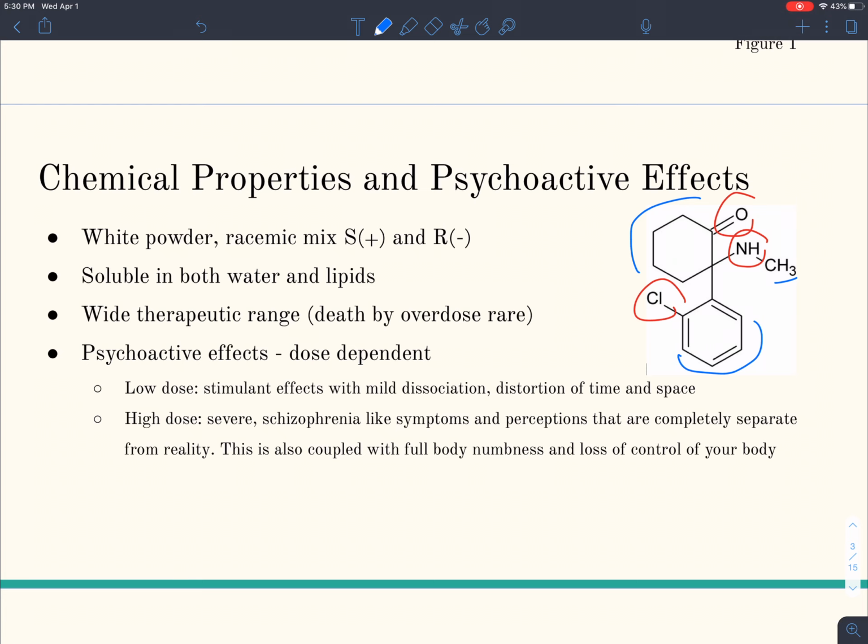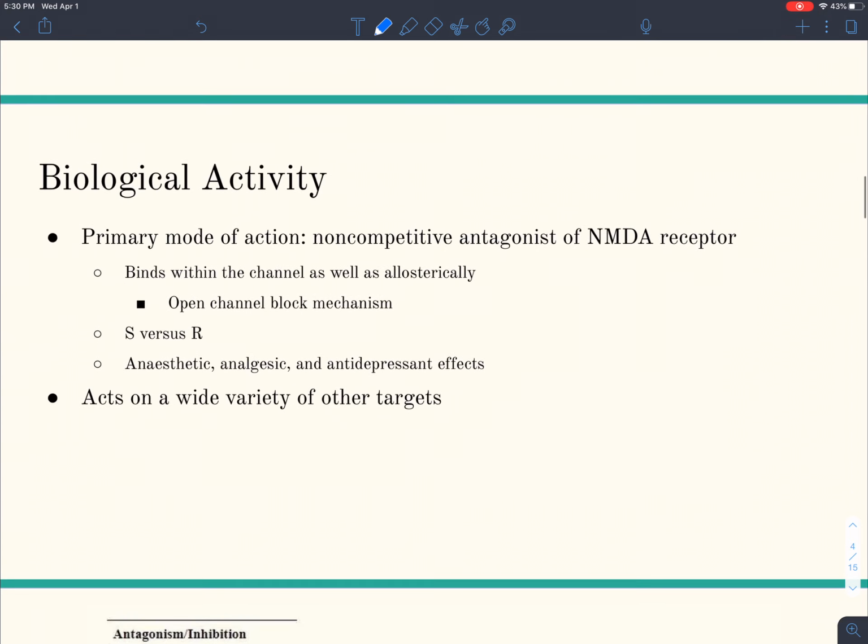So ketamine's primary mode of action is as a non-competitive antagonist of the N-methyl D-aspartate receptors. Non-competitive means that it doesn't bind to the neurotransmitter receptor site itself, but rather allosterically and in the ion channel. So it's actually binding in two places.